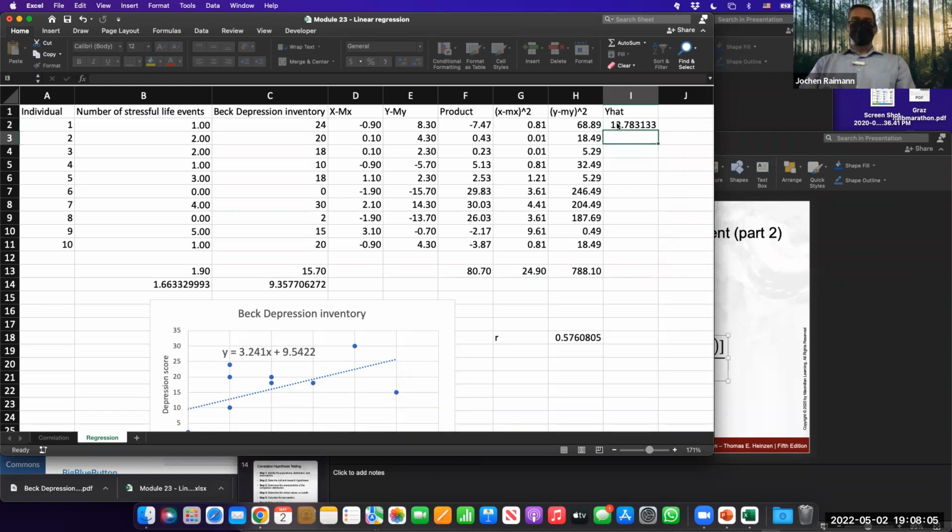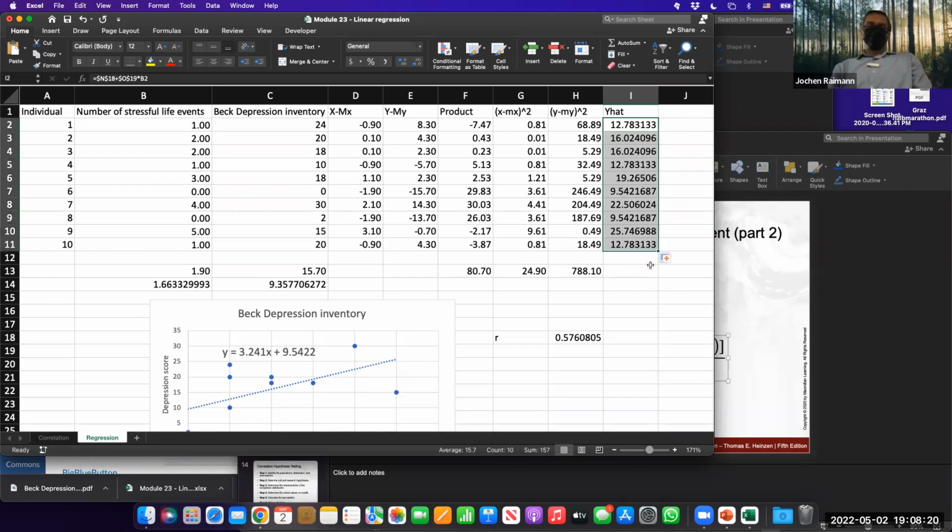allows you now to calculate that residual deviation, the distance between the predicted from the actual observation. Bringing that all the way down allows you to quantify now the sum of squares of your regression.